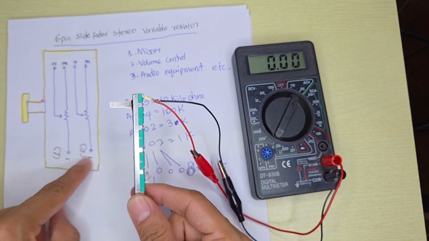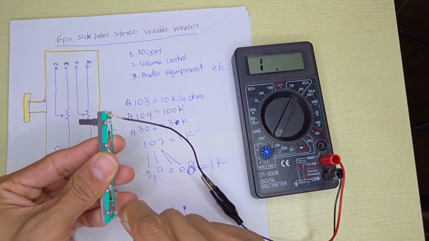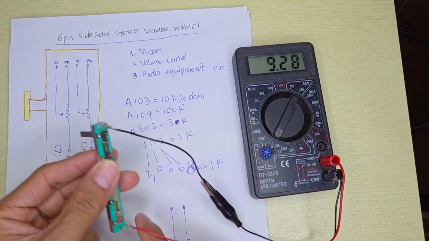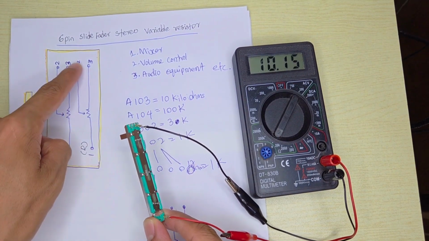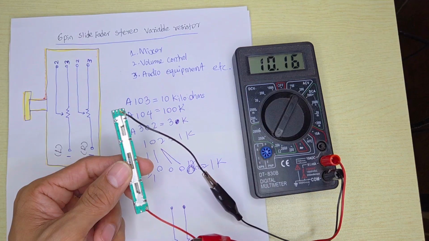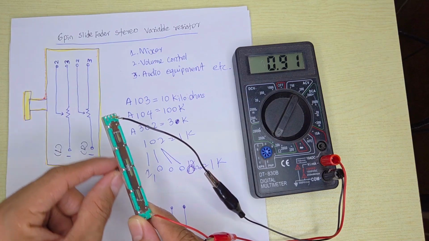The same goes for the right channel: pin number 1 to pin number 2. We slide, and the value changes, and you can see it on the multimeter.